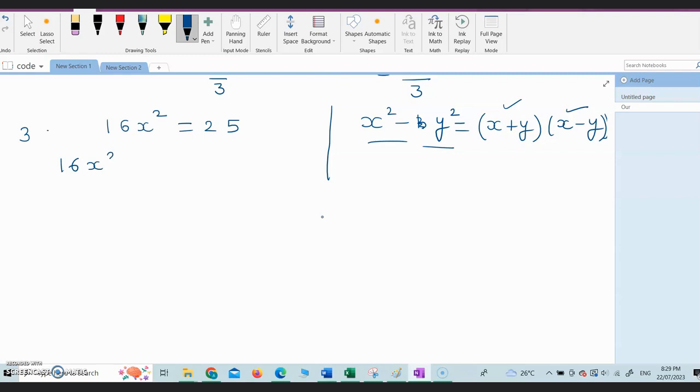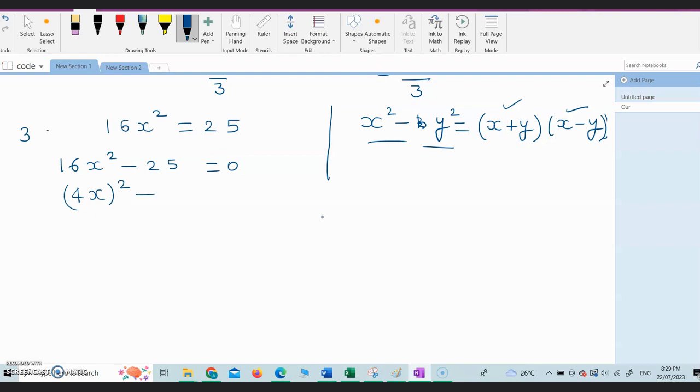So the equation will be 16x square minus 25 equals 0. I said 6 earlier, wrong of me, it should be 16. Now as we know that 16 is the square of 4, I can safely write 4x square.